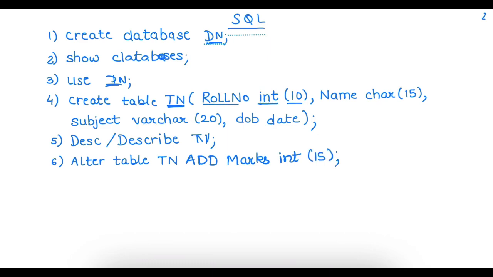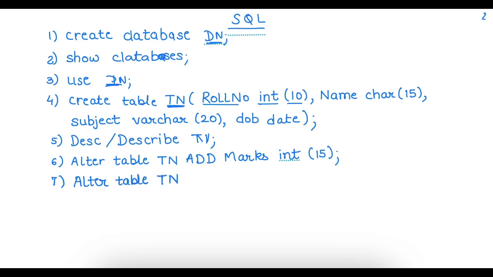Now semicolon. Next, if you want to delete an existing column, so you have to write alter table, table name, drop, and then suppose I want to delete this column subject, so I will write here only subject, the column name, and then semicolon.